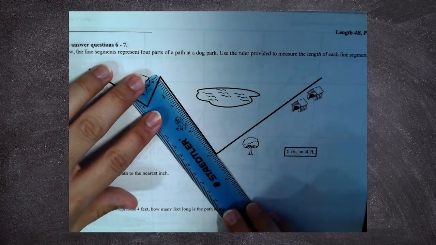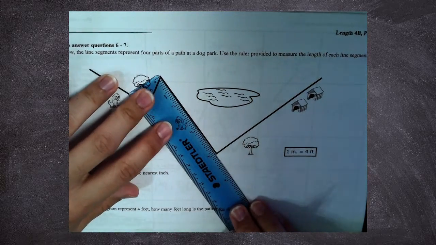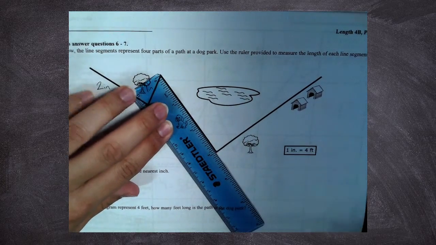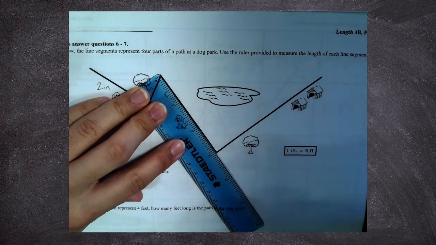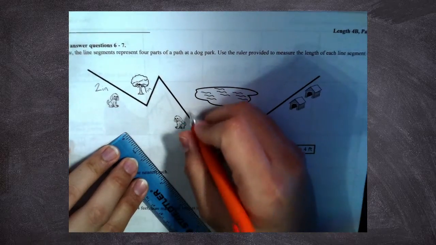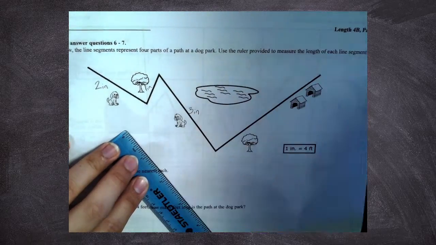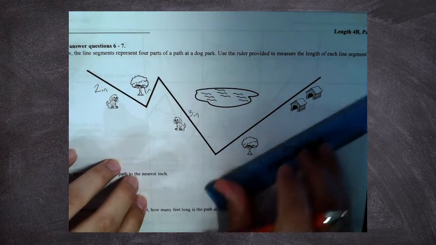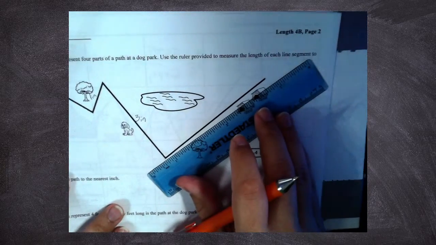Now this third part. This is a pretty long looking part. See how long this is. How long is the third part? Kylie? 3. 3 inches. Okay. And the last part. Oh man. Last part is really long.